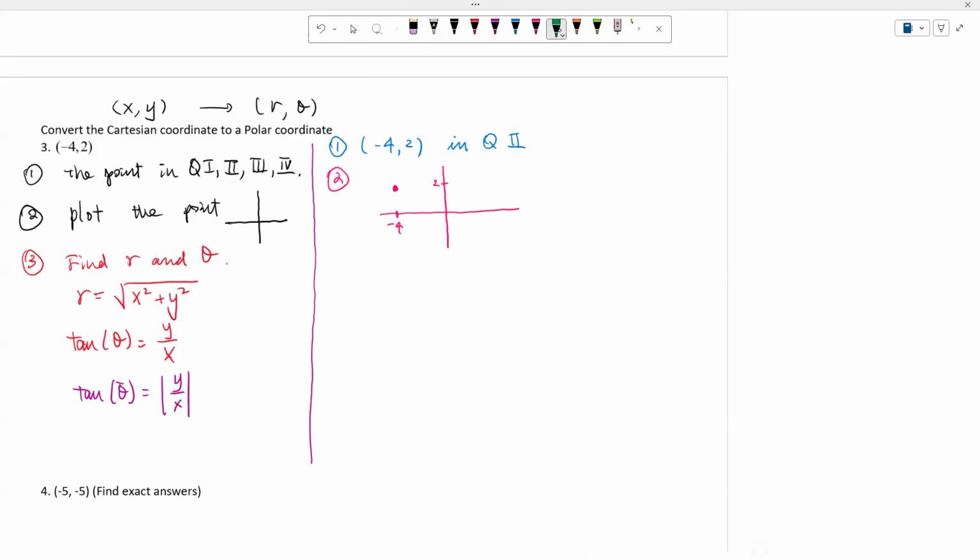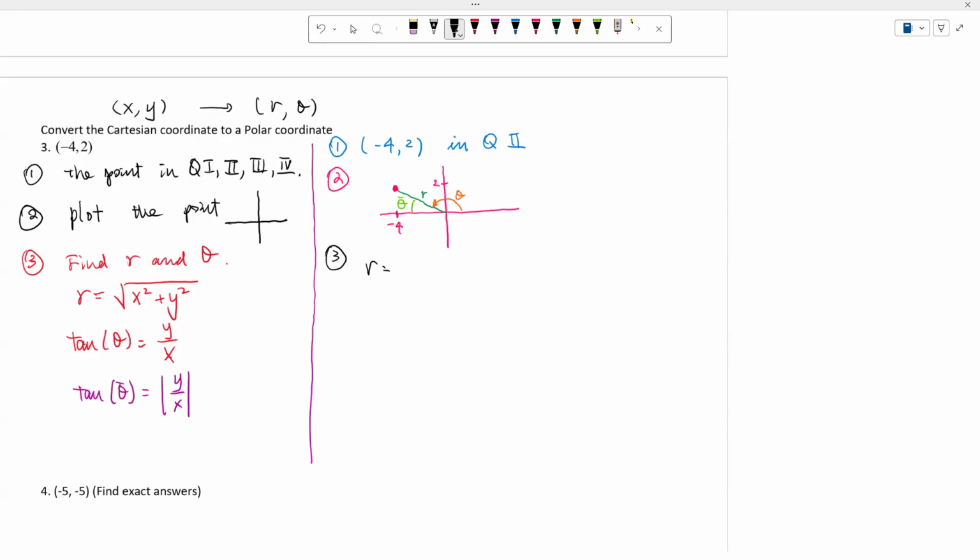And then now what we want to do is we would like to find the R and the angle theta. Of course, to find the angle theta, we could find the reference angle first, right? Okay. And now number 3, okay, let's see.